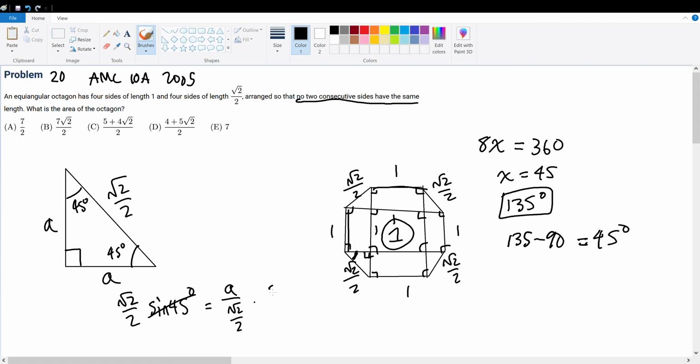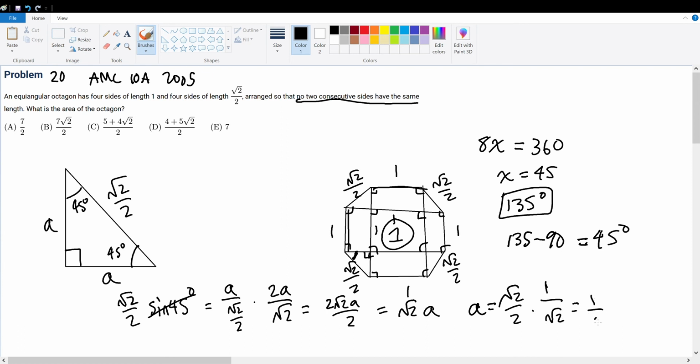This will be 2A over root 2, which is the same thing as root 2 times A. And A will hence be equal to root 2 over 2 times 1 over root 2, which is equal to 1/2. So the legs of this 45-45-90 triangle have length a half.